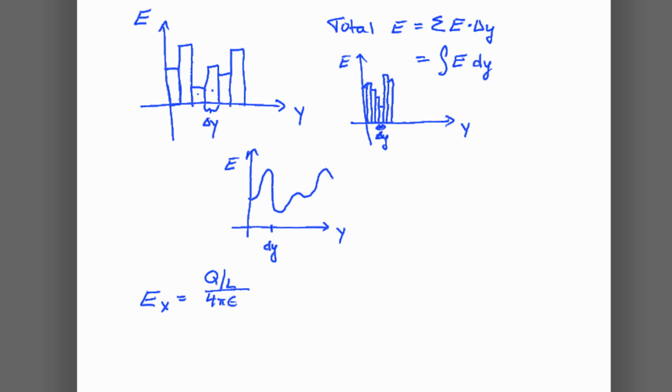So again, I'll rewrite our sum just so that we're all on the same page. Our sum, when we're talking about segments of length delta y, looks like this. Now, if we make those segments of delta y infinitely small, then we can evaluate this as an integral.